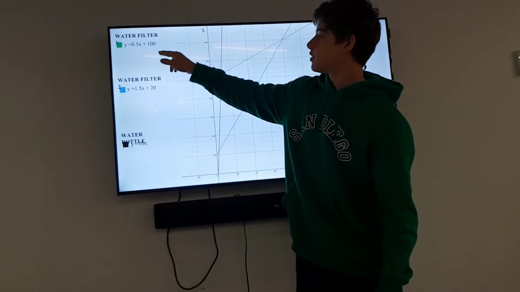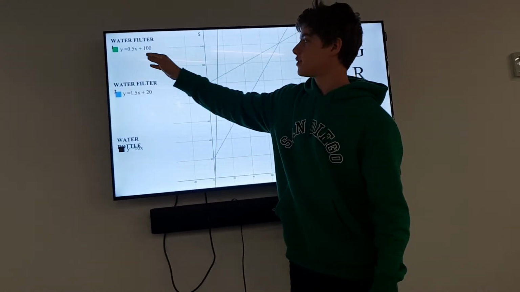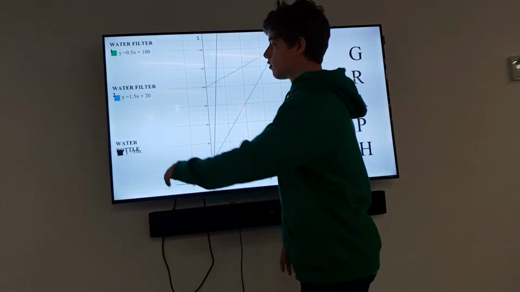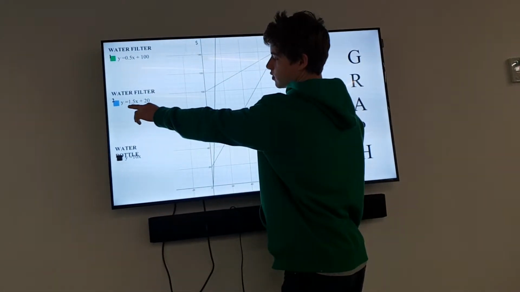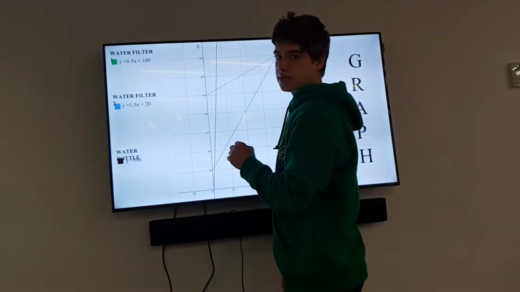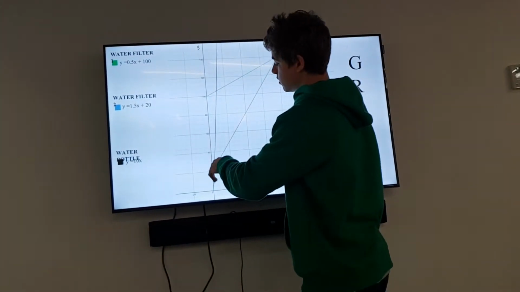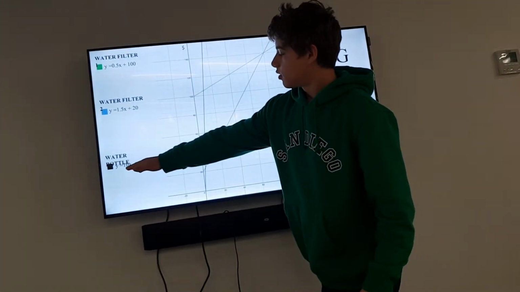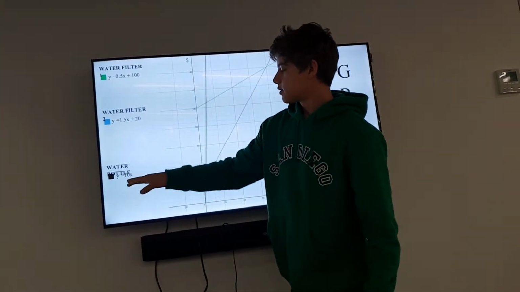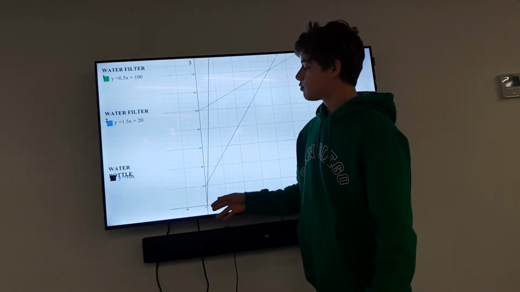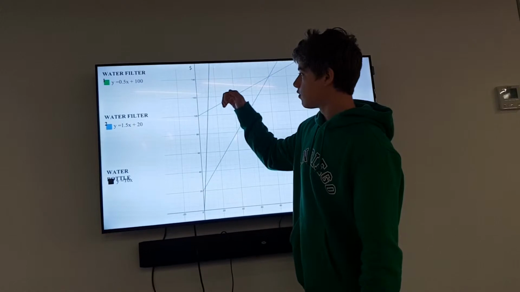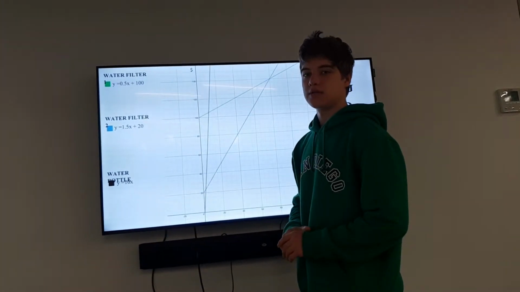For water filter 2 it is the same thing: my maintenance cost will be $1.5 per week, and $20 is my starting price. For the water bottle, I will spend around $10 per week to buy 12 units, so my gradient is $10 and I don't have a starting price.